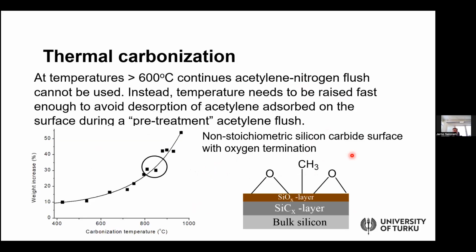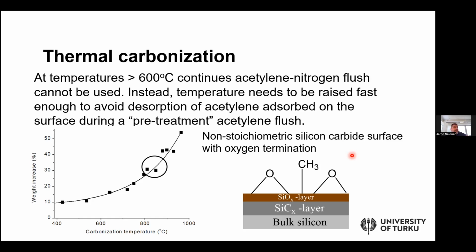Okay, but if we go to temperatures above 600 degrees, we cannot use continuous acetylene and nitrogen flush. Instead, we need to stop this flush just before we start to heat the sample. And the temperature needs to be raised quite fast to avoid desorption of acetylene. But this still works.